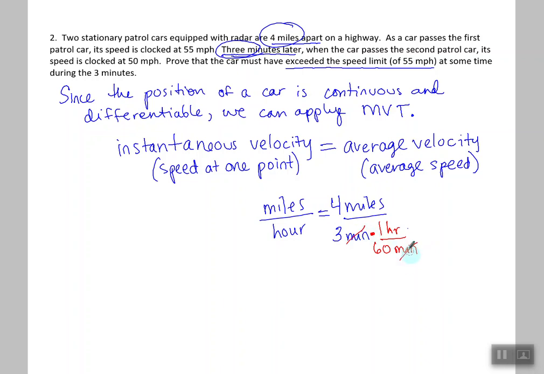That way our minutes cancel out and leave us with hours. And that gives us 4 divided by 1/20th, since 3 divided by 60 makes 1 over 20, which is 4 times 20, or 80. Wow, that car's average speed was 80 miles per hour. So according to the mean value theorem, it must have exceeded that speed limit of 55 miles per hour since its average speed was 80 miles per hour.